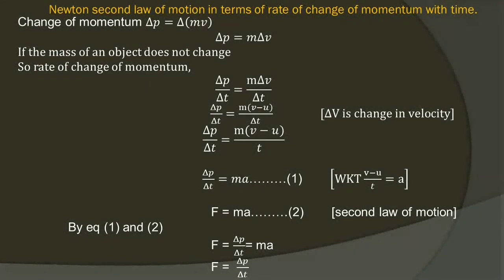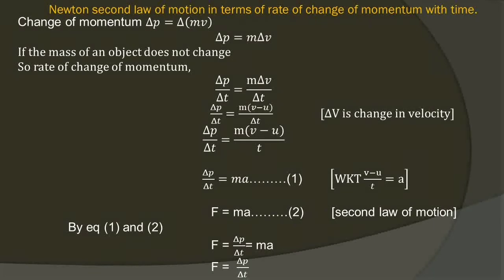So in place of this term we can write a. m will be at the same place, but here a will come. Clear? And this will be equation 1: del p upon del t is equal to m into a.